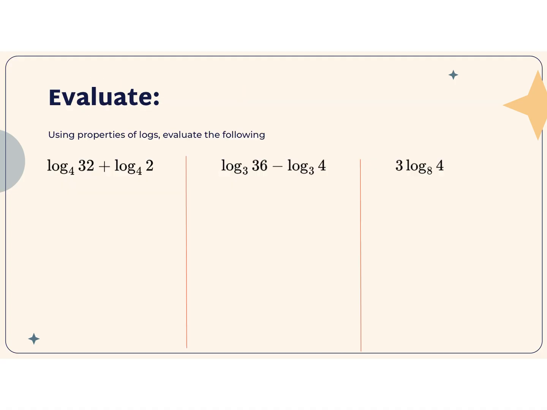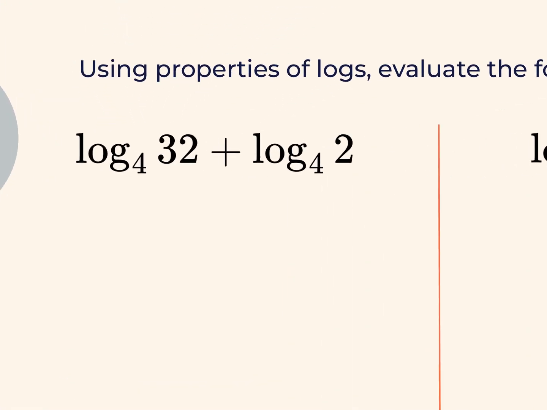So what we're going to do next is we're going to use these properties to evaluate the following. And I want to think about this because in this case, I could probably simplify log base 4 of 2 in some way, but log base 4 of 32, I can't really, 4 to the unknown is 32. I don't know what that is. So what I'm going to do is I'm going to combine these logarithms using that product property.